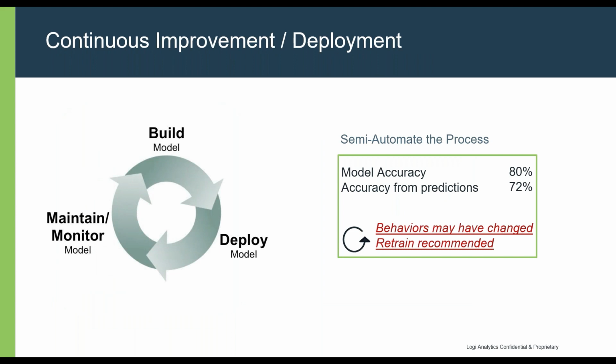Lastly, it's not important just to create the model. It's very important to constantly monitor and constantly improve them. For example, let's say your accuracy is 80% and you are predicting, and maybe your customer behavior is changing because you are running some campaigns and things like that. Maybe your accuracy has gone down. That essentially means that the customer behavior you have modeled has slightly changed.